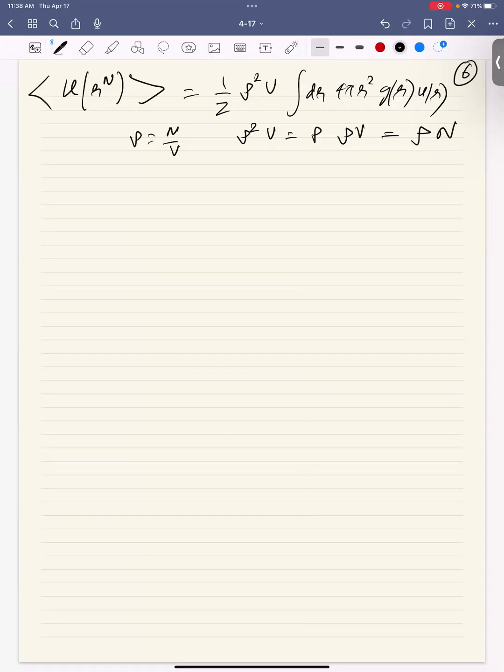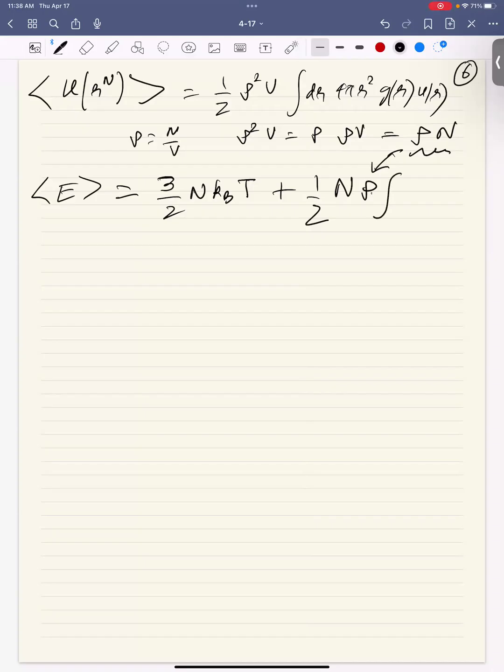Okay. So now I can write down my full energy, which is the sum of the kinetic energy that you're going to do at home today or tomorrow, 3/2 n kBT, plus half multiplied by n rho, this thing, multiplied by integral dr 4 pi r square g of r u of r.